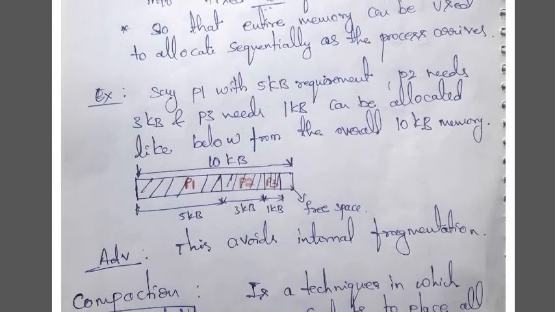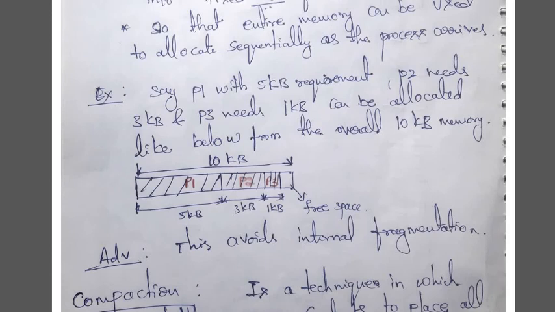Suppose, for example, I have a 10 kilobyte memory available for the first time, and there is a P1 with a 5 KB requirement, another process P2 which needs 3 kilobytes of continuous addresses, and P3 which needs 1 kilobyte of continuous addresses. That can be allocated like below.